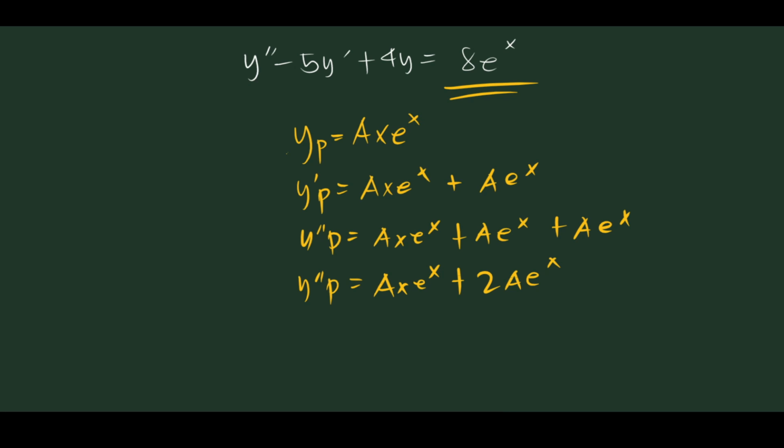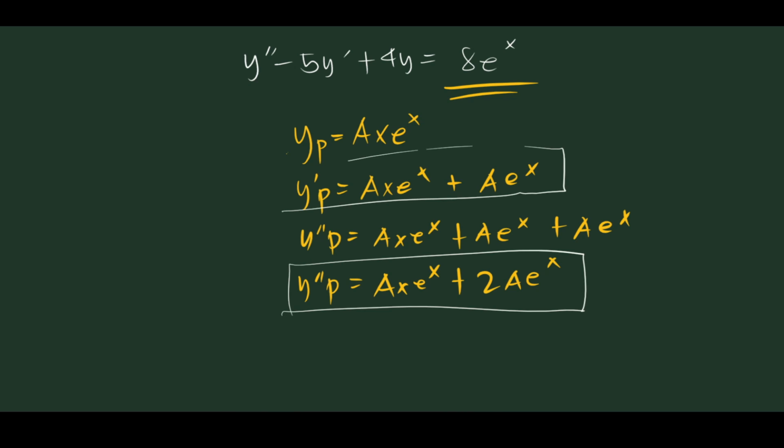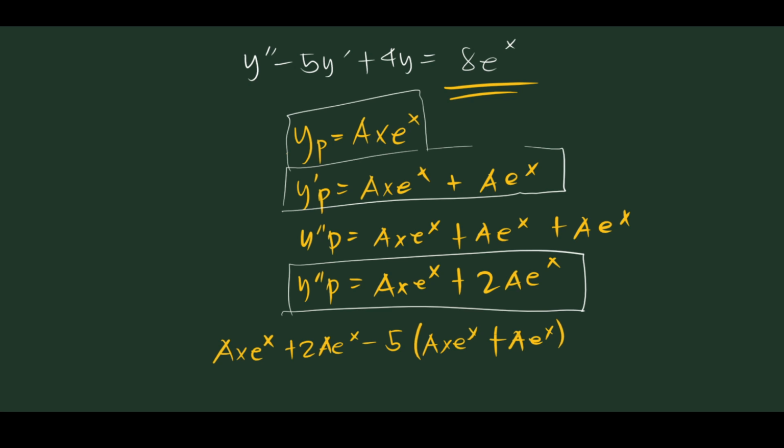Okay, so we have right here our second derivative, our first derivative, and our y. We are now ready to substitute into our original equation. So we have here a x e raised to x plus 2a e raised to x, minus 5 times a x e raised to x plus a e raised to x, plus 4 times a x e raised to x, equal to 8 e raised to x.